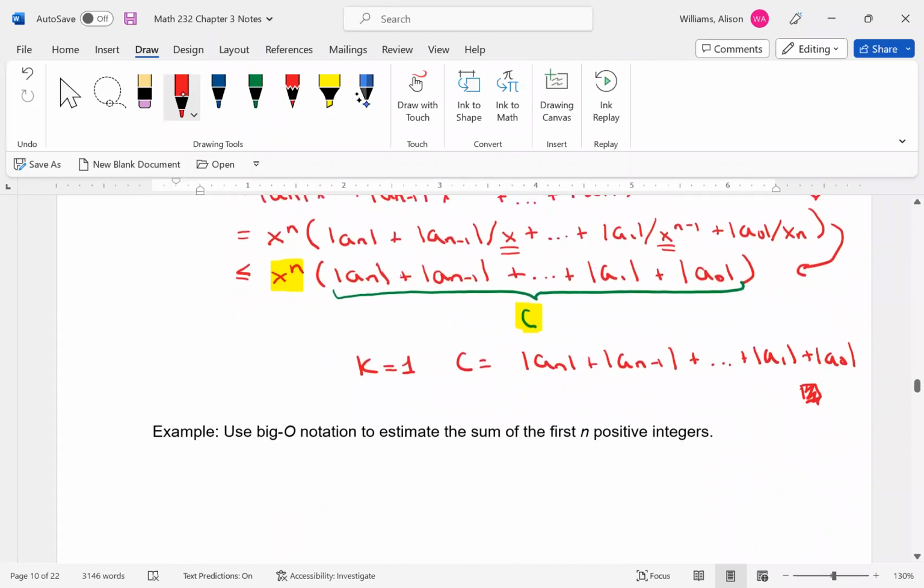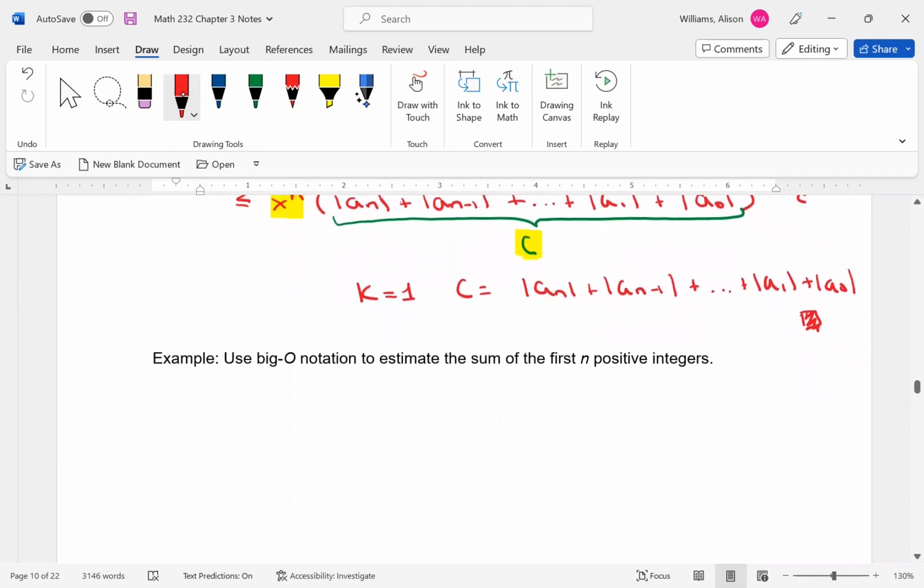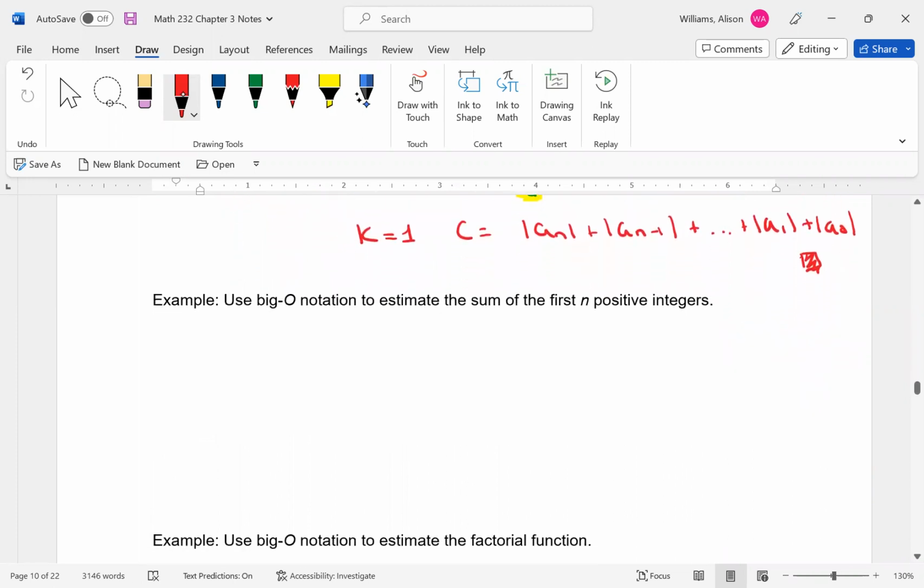So now let's do some generalized examples. Use big O notation to estimate the sum of the first n positive integers. Okay, so if you're adding up integers, that's 1, 2, 3, dot, dot, dot, down to n. So I'm just adding them up all the way up to n, whatever n is. Okay, so let's use our trick here.